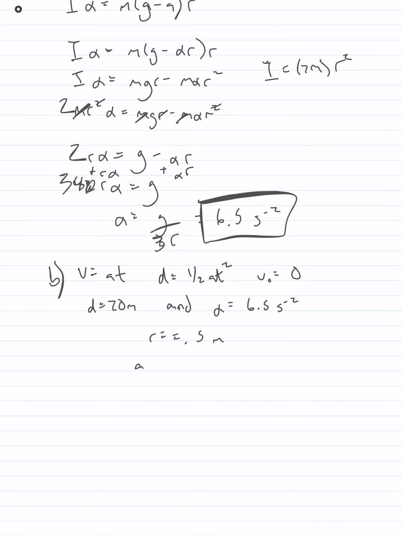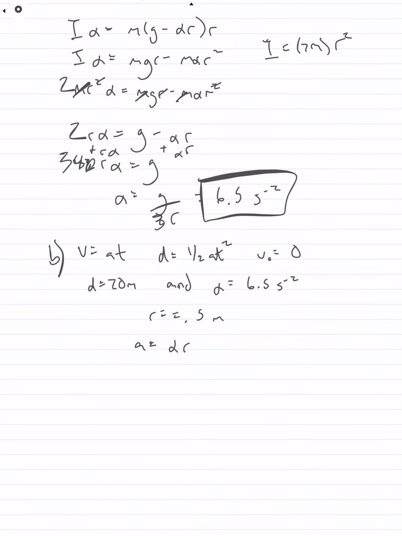Remember earlier also that a is equal to angular acceleration times r, so those a's in those equations can be replaced by that. Let's isolate t in d equals 1/2 at squared, and you will get that t is equal to the square root of 2d over a.